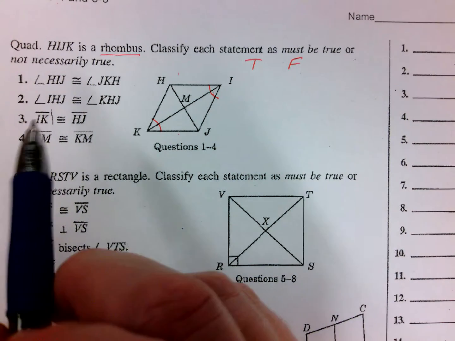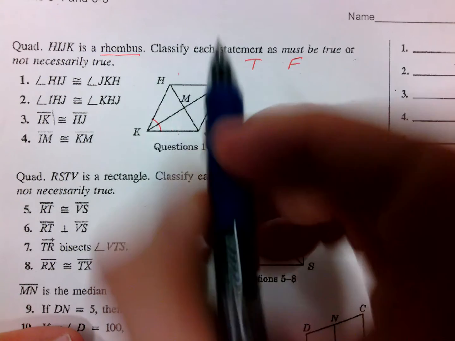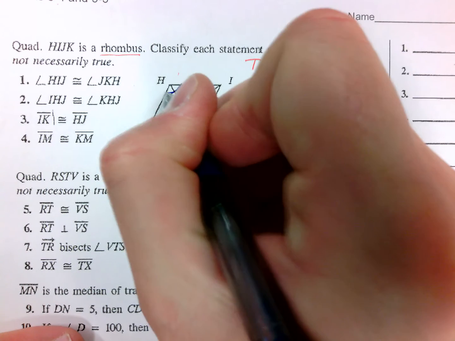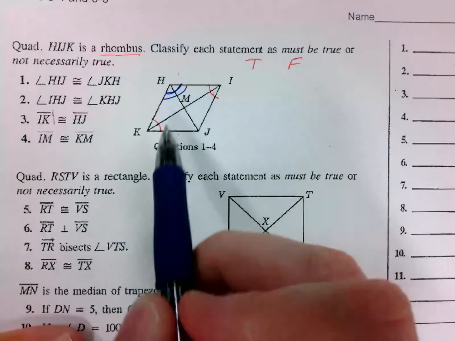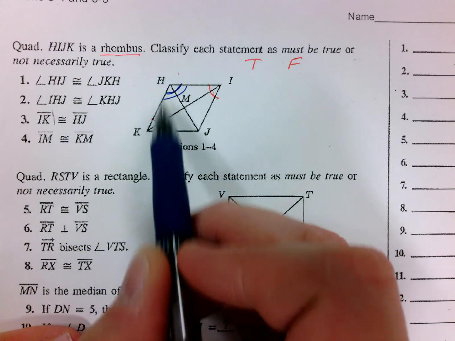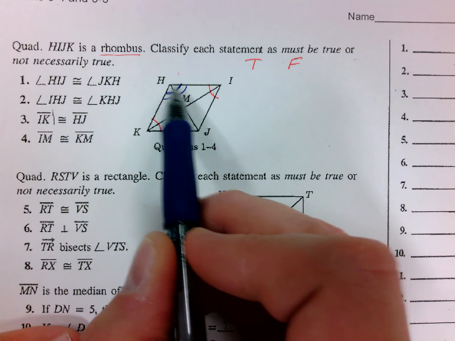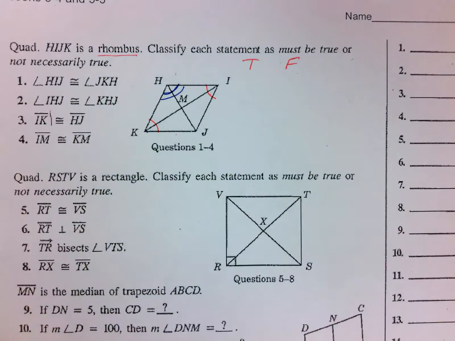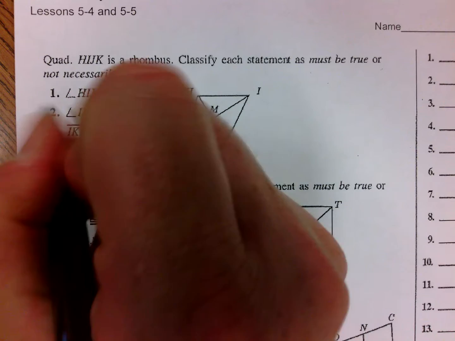Number 2 says that angle IHJ, this angle, is congruent to... let me start over on that one. I marked the wrong angle. I'm on number 2 here.